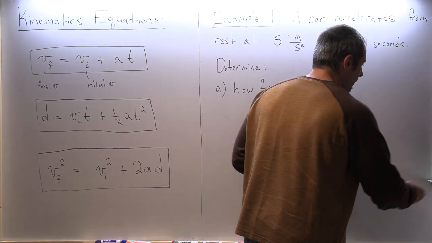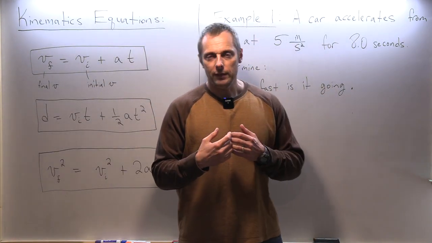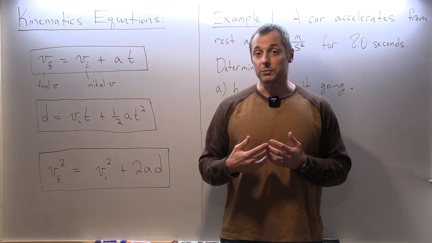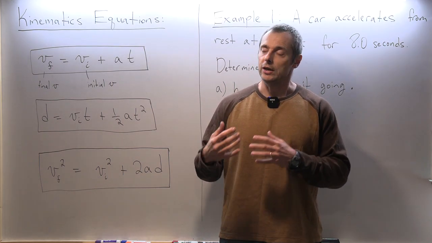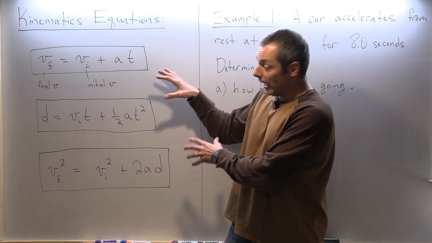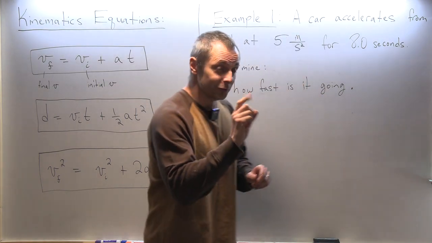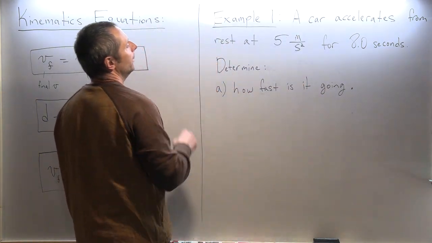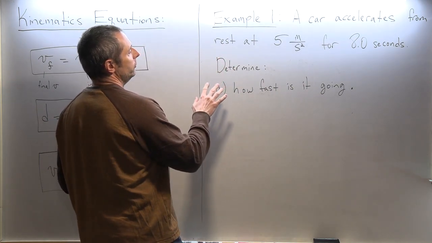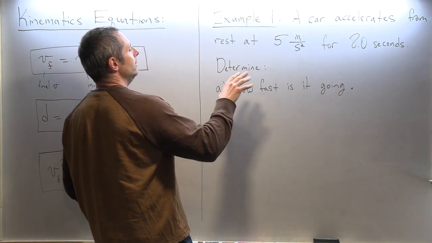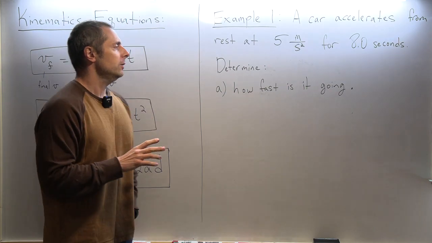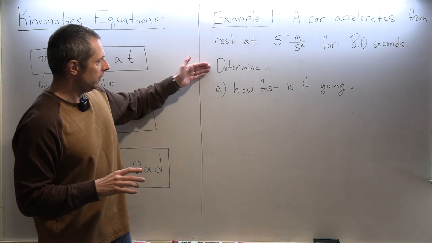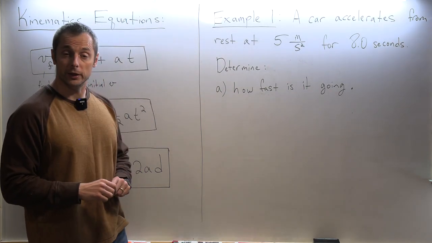All right, so I'm going to spend the rest of this video going over some example problems to show you the technique of how to use these formulas. First one, example 1. A car accelerates from rest at 5 meters per second squared for 8 seconds. The first thing we're going to do is determine how fast it's going.